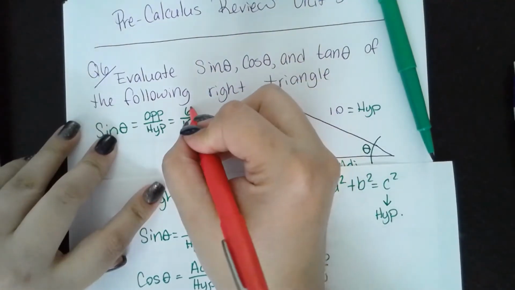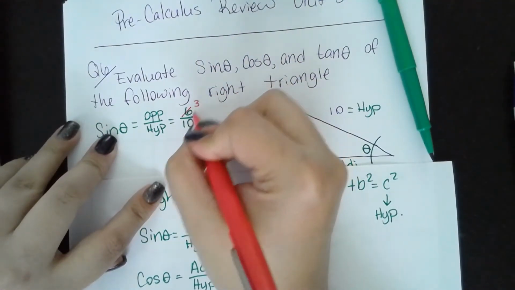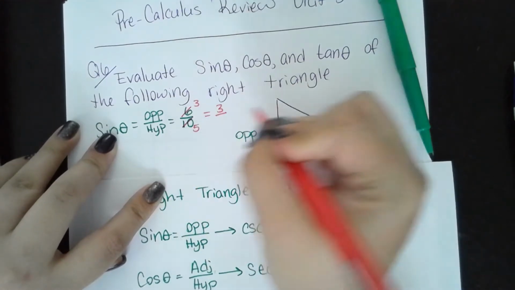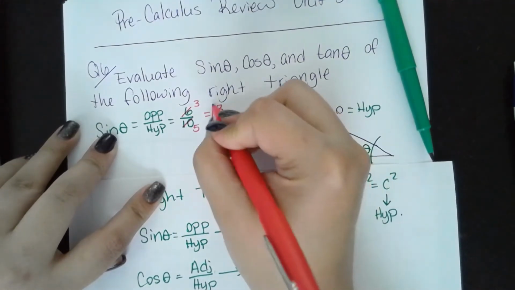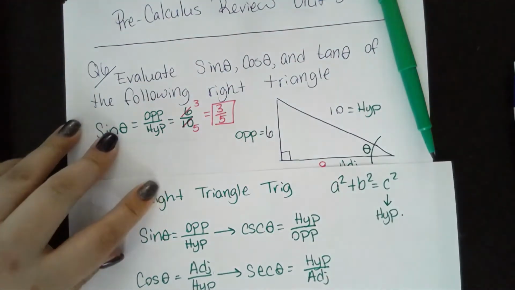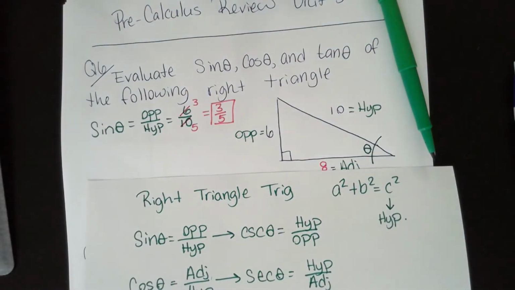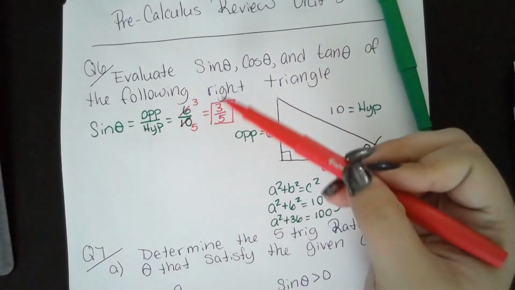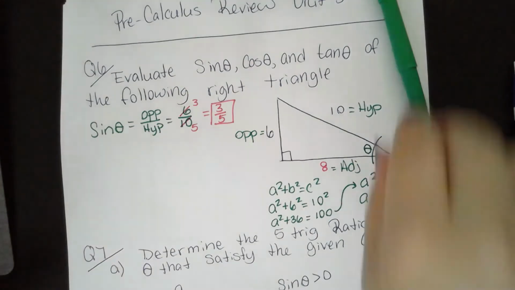If we reduce both of them by 2, we get 3 and 5. So our final ratio is 3/5 for sine. And that's kind of what you're going to want to do with all of them. You're going to want to place the ratio, reduce, and then you'll have your answer.